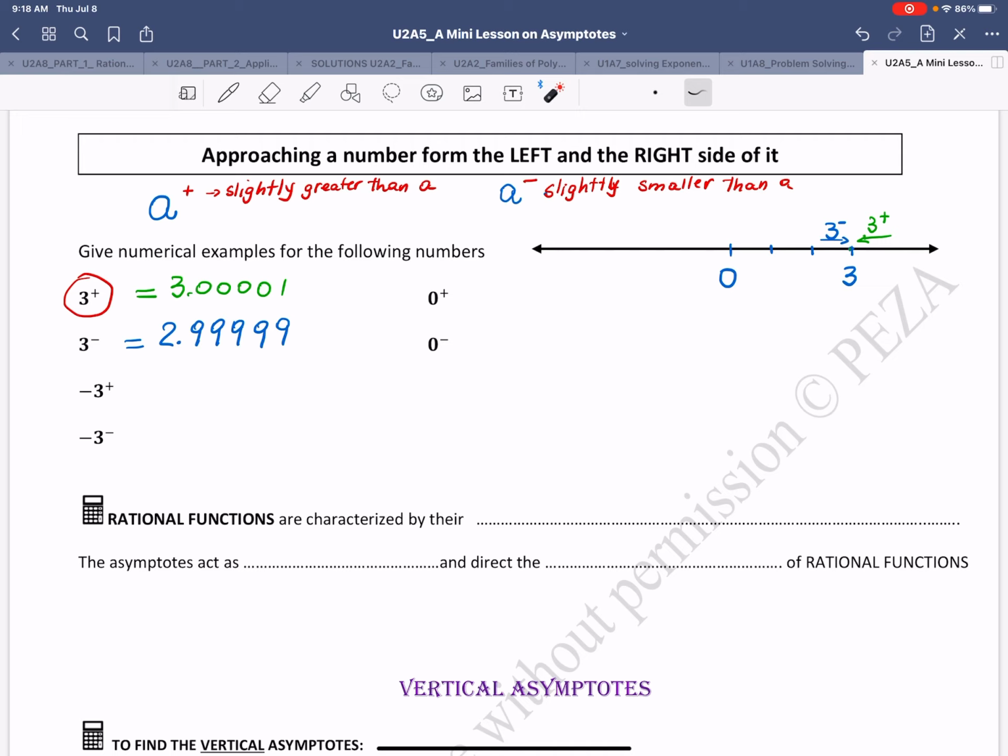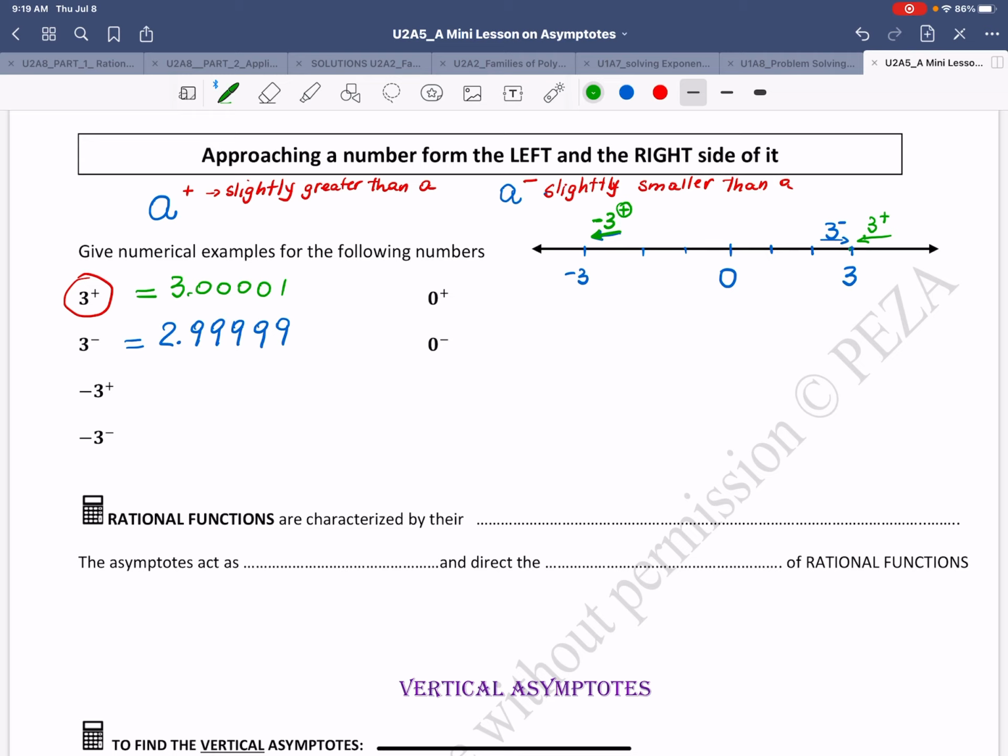Okay, and remember. Now let's take a look at negative 3. So here is negative 3. Here are all the numbers to the right of negative 3. So we say close to negative 3 to the right side of it.